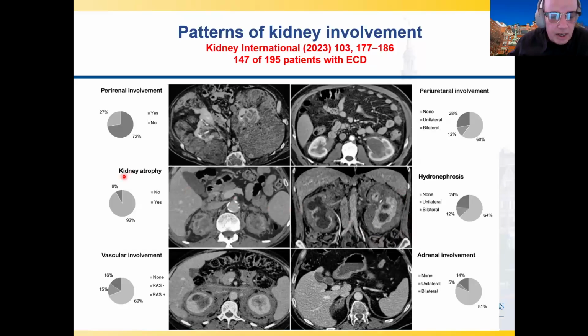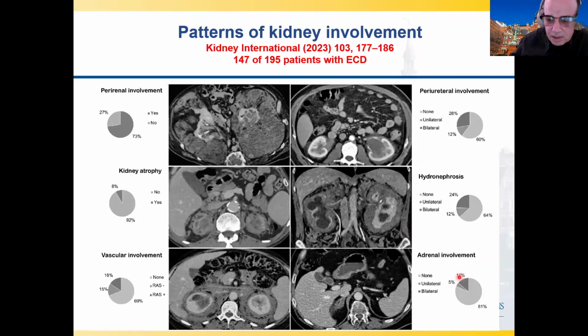And then you can have kidney atrophy in about 8% of cases. Kidney atrophy tells me that those patients were discovered very late in their disease process, and the kidney here is really small because it has been damaged by the infiltrative histiocytes. You can have adrenal involvement in about 14 to 19% of cases.